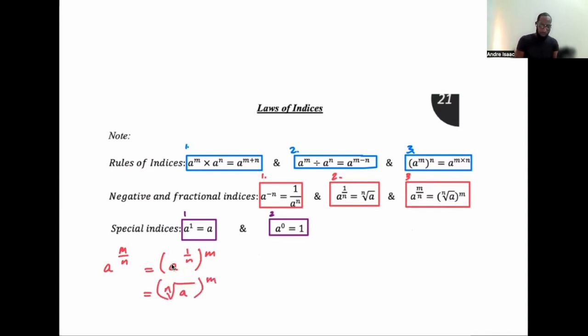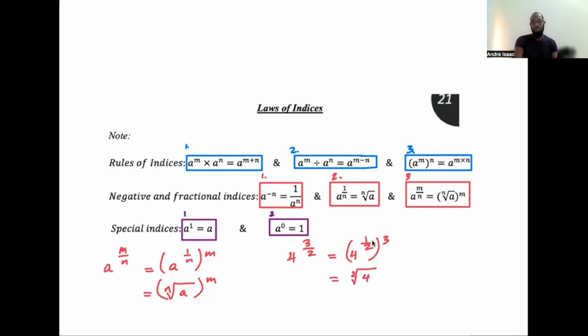So if I have to give an example, we use 4 to the 3 over 2. I can write this to make it a little easier based on the rules: 4 to the half, cubed. Because I know if I multiply half by 3, I'll get 3 over 2. And I know 4 to the half is like saying the square root, so I can say the square root of 4. I just put in 2 for emphasis.